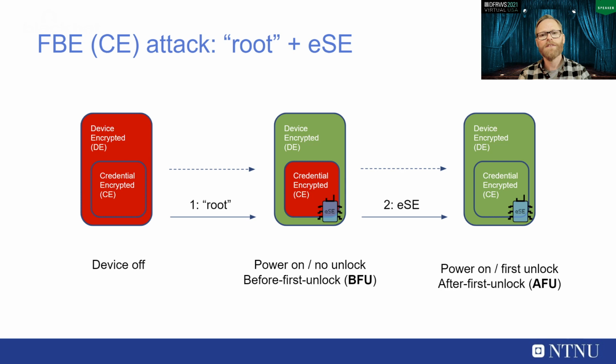So we only looked at the second phase on this new secure element chip, which was introduced on new modern phones. So we need to first attack the rich execution environment to gain root, which we assume we already had, and then look if we can attack the secure element chip, which takes the device from BFU to AFU state. So without having the credentials, can we attack this to take the device from BFU to AFU state to do digital forensics of credential encrypted storage?